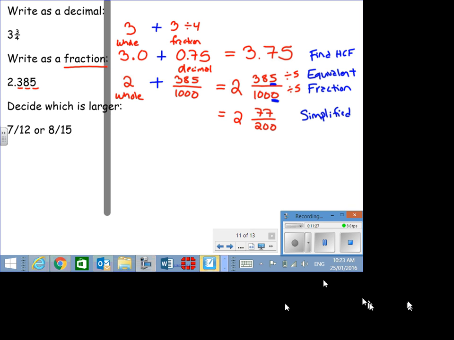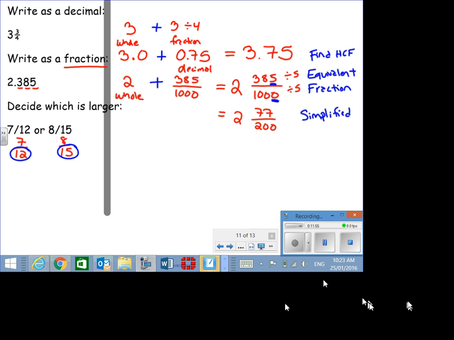Last but not least, guys, decide which is larger. Okay, so 7 divided by 12, which you might also see written vertically, or 8 divided by 15. Which one of those is actually bigger? It's really hard to compare when your denominators are not the same. Right now we're talking about 12ths and we're talking about 15ths. So I can either try to change them to have the same denominator, or I can convert them into decimals, and that way I can compare them a lot easier.